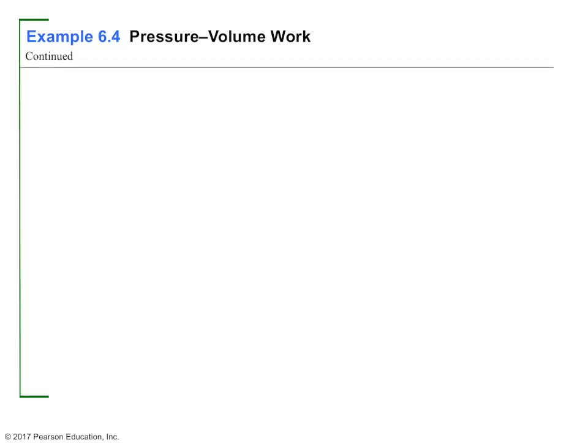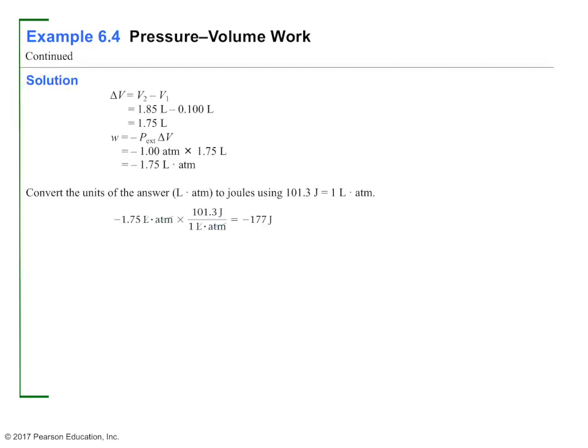Okay, so to solve the problem, we substitute in the values we're given. So we first find the change in volume. That'll give us 1.75 liters. So work equals the negative. Remember, it's negative because work is being done by the system. Pressure, and EXT means external. So the external pressure, the pressure outside of the balloon.